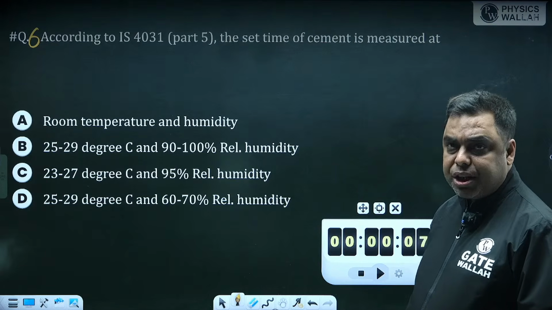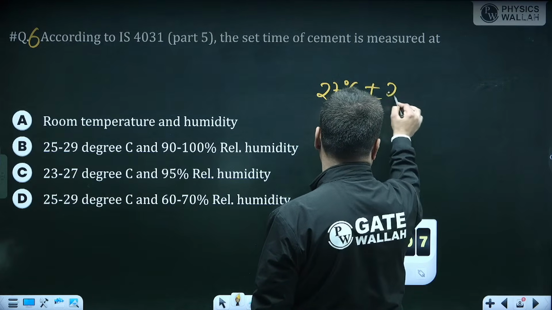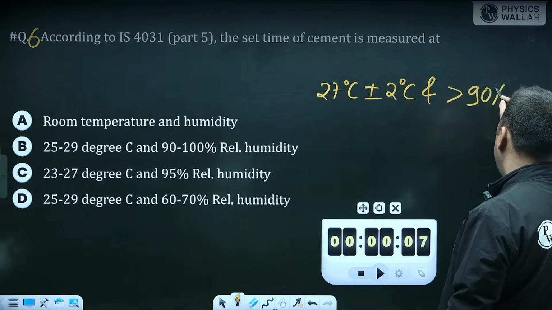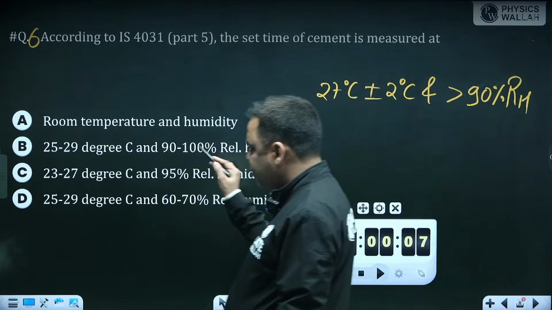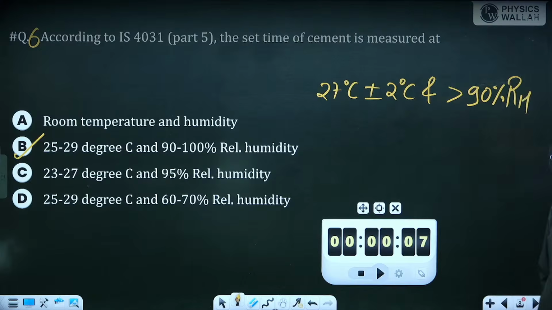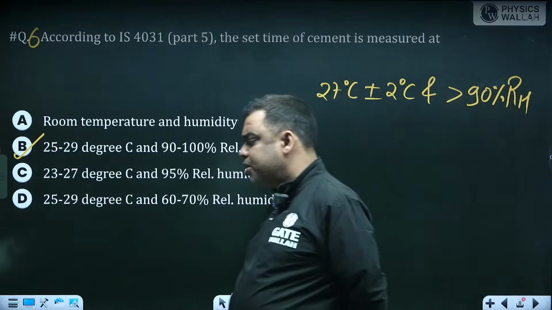No, it's not C. It is 27 degrees Celsius plus minus 2 degrees Celsius and more than 90% of relative humidity. So the answer will be B. Got the logic? According to the code, this is the provision.